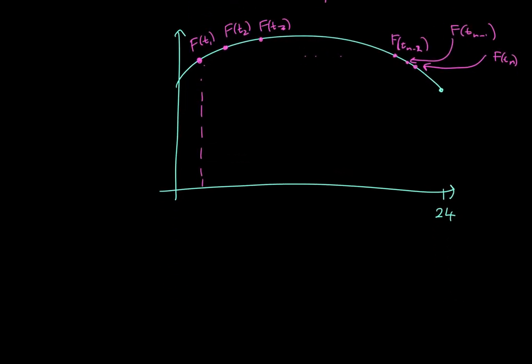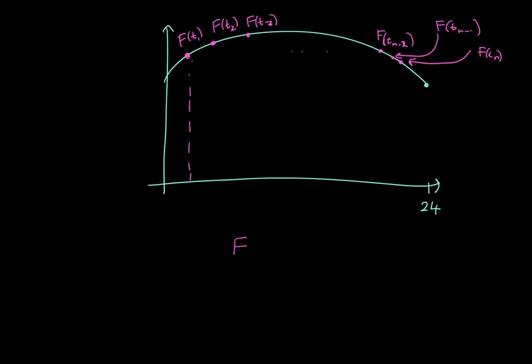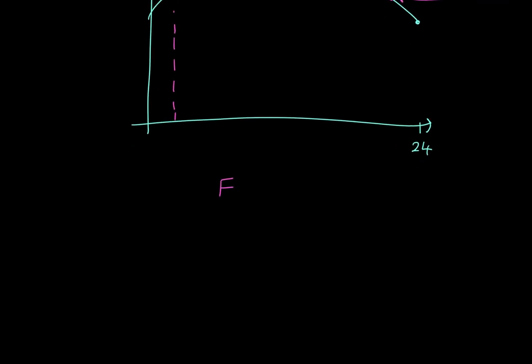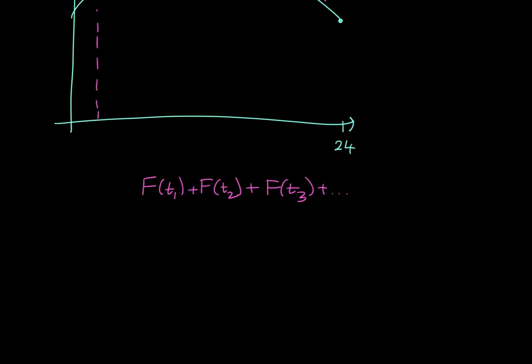If we were to take the average of those, I would simply sum these: f of t1 plus f of t2 plus f of t3 plus ... plus f of t n, and divide this by n.